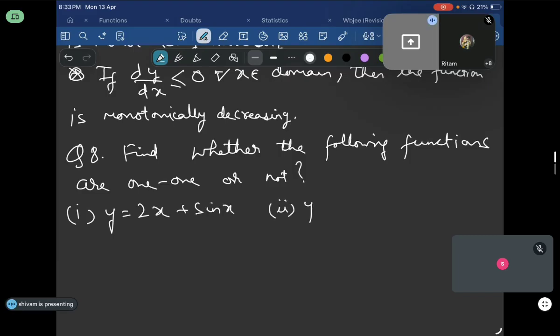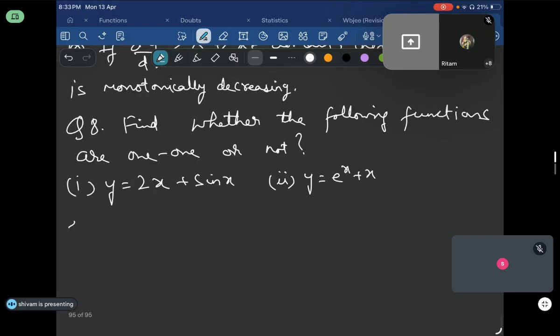Part 2: y equals e to the power x plus x. Part 3: y equals (x minus 1)(x minus 2)(x minus 3). Solve.